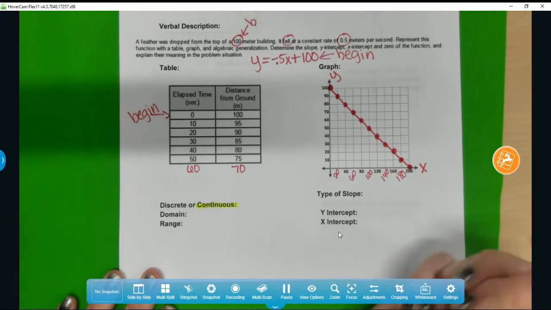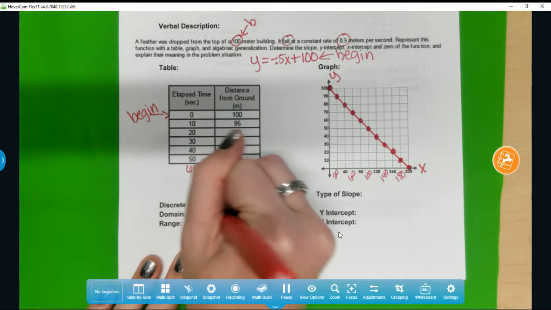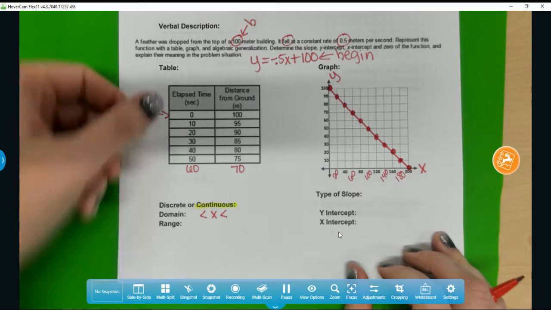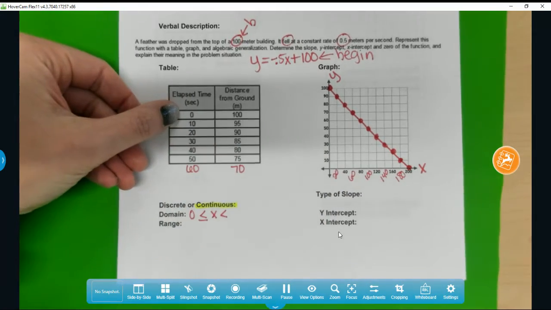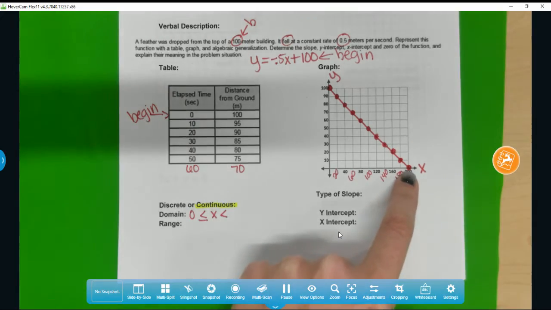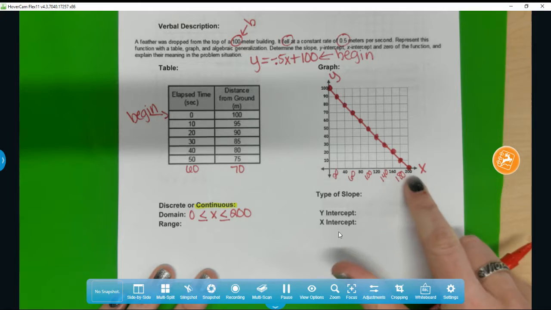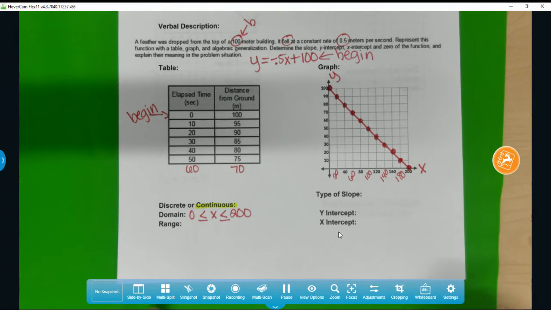So for my domain, I'm going to focus on the x values. There's no arrow, so I'm going to draw my inequality. My first x value is 0, and it's equal at that spot. My last x value is 200, because it's not going to keep going once it hits the ground.